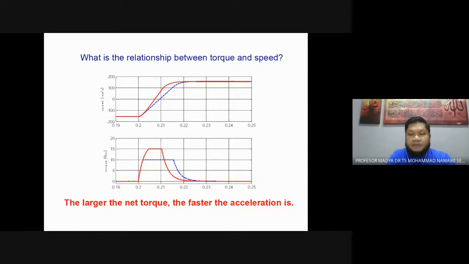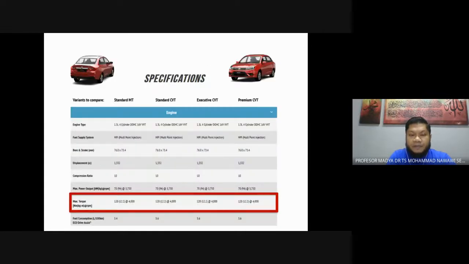This is a relationship between torque and speed, and it is always given in practical terms. This is the Saga, isn't it? The new Saga. If you look at the specification of the Proton Saga, there is always a mention of the maximum torque that the engine can produce.